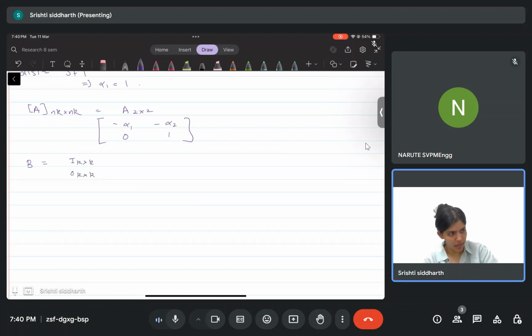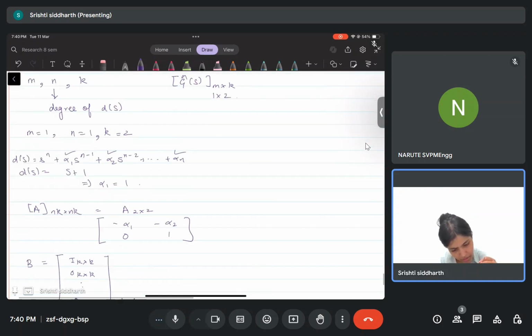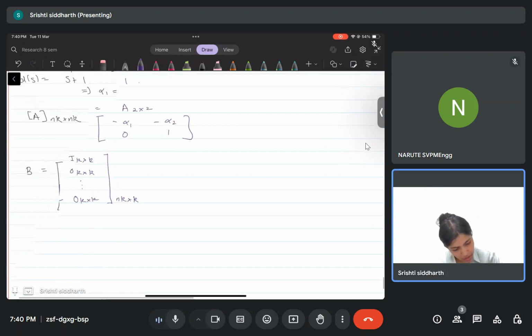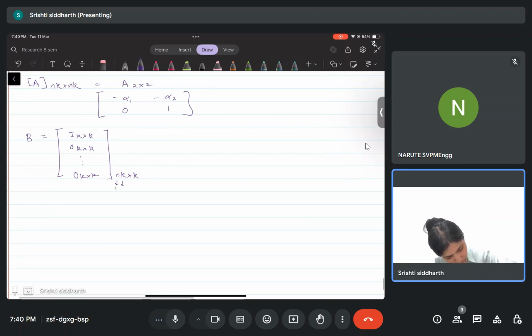Zeros of size k by k, and this other of size nk by k. For our case, this is 1 and k is 2, so we have 2 by 2, simply identity, 1, 0.